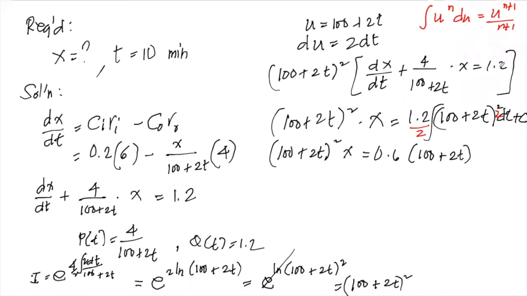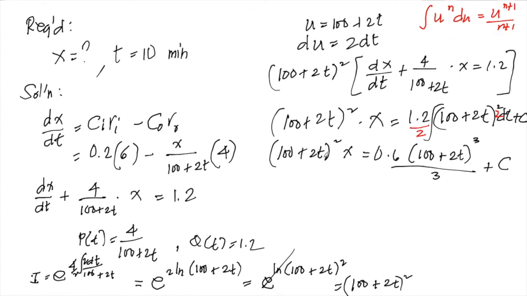So yung 2 magiging ano yan? 2 plus 1, so 3 over 3 plus C. So 0.6 divided by 3 is 0.2. So solving for x. So gagawin lang natin dito is you multiply or divide the entire equation by 100 plus 2t raised to 2 to solve for x.